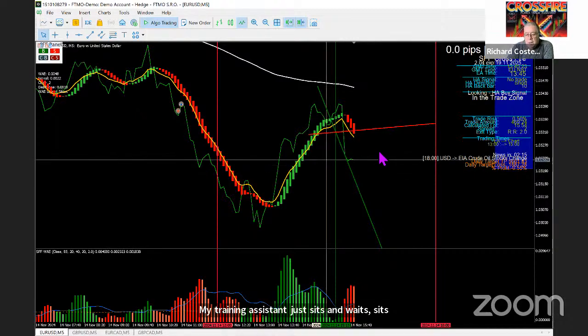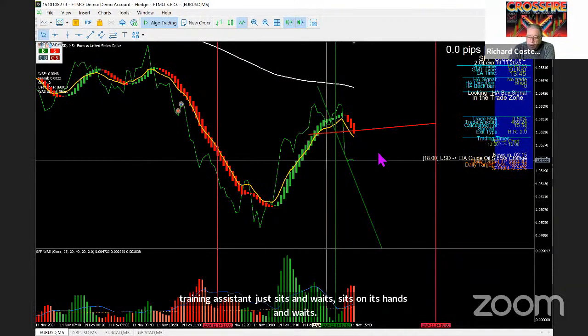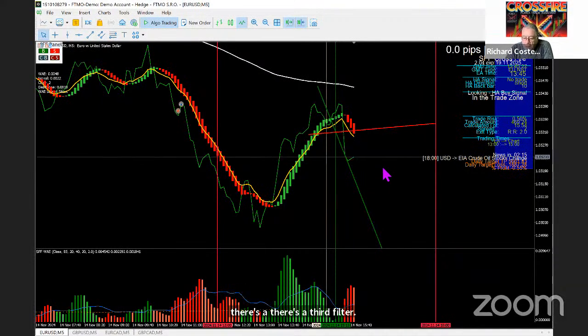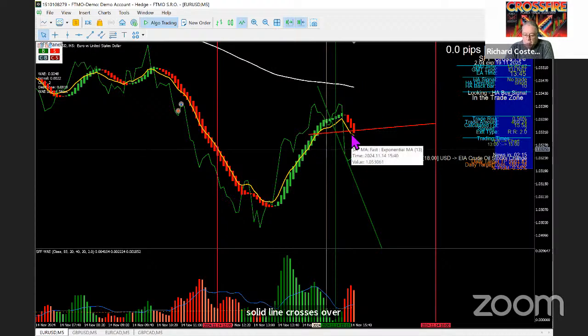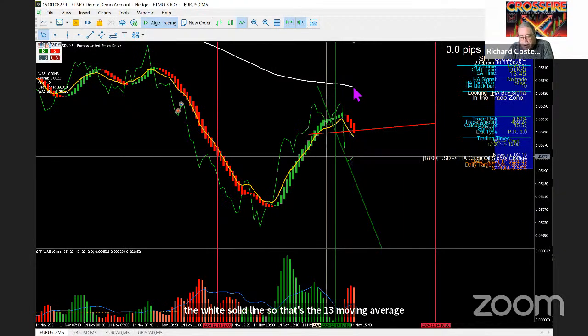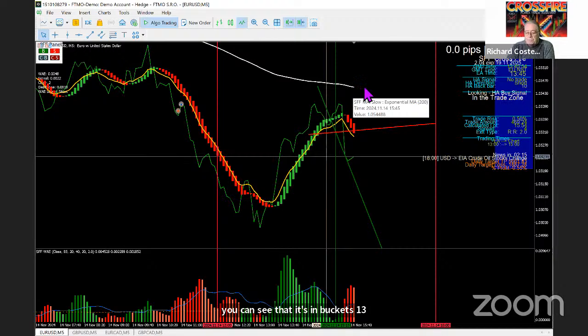There's a third filter that you can choose to either apply or not apply. I believe I've got mine switched off right now, but that is where we look for an MA crossover, if the yellow solid line crosses over the white solid line. That's the 13 moving average; you can see there in brackets 13, and if I hover there, that's 200.